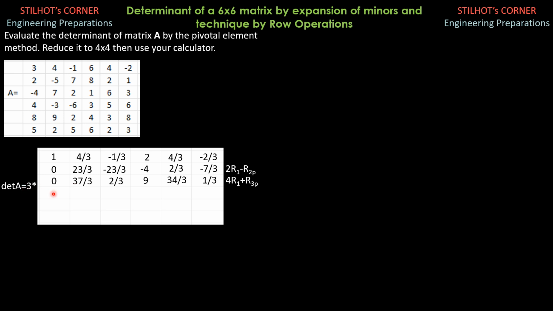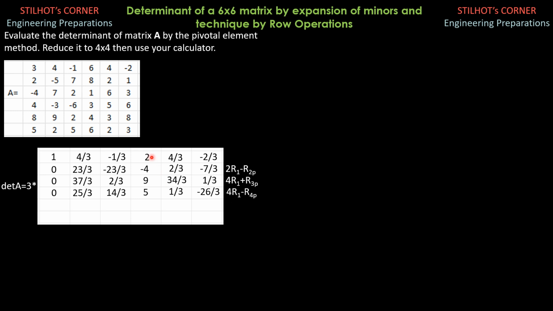The next is to make the 0: 4 times row 1 minus row 4 previous. That's the formula, so that makes this 0. So I'll check 5 and 1/3. I want you to check the rest. So 4 times 2 is 8.